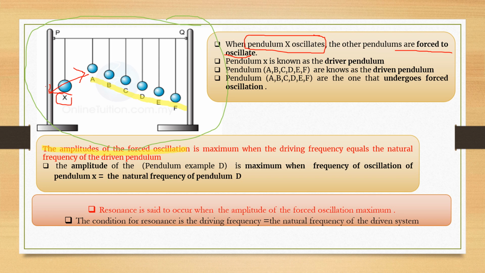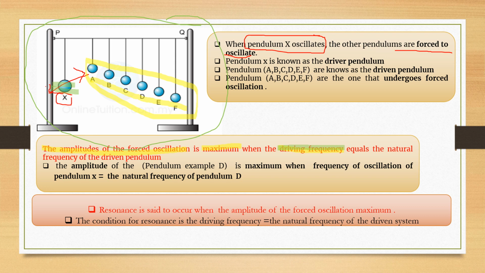So the concept says this amplitude of the forced oscillation is maximum when the driving frequency, who is the driving frequency? Driving frequency is the frequency of the X, because X is the one that is the driver pendulum.